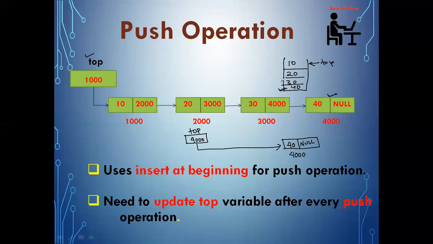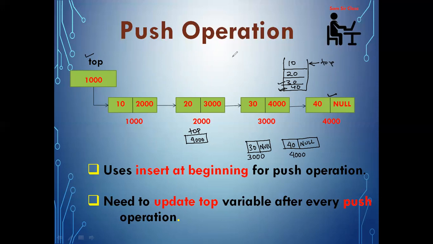After that, whenever I push 30, first of all I need to create a node, suppose 3000. I'll keep 30 here and null here because I'm creating one independent node. But when I check the value of top, I'll come to know that already one node is present, that is 4000.